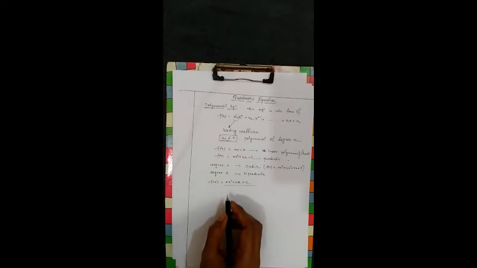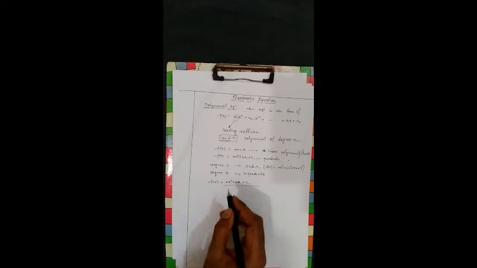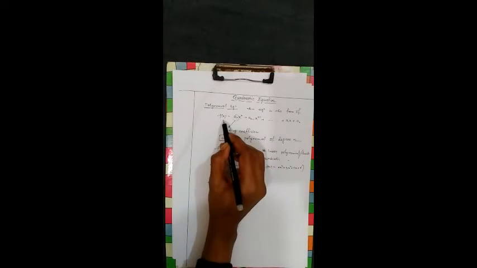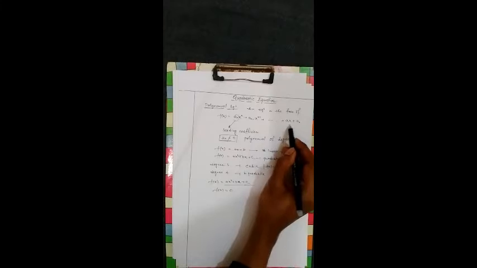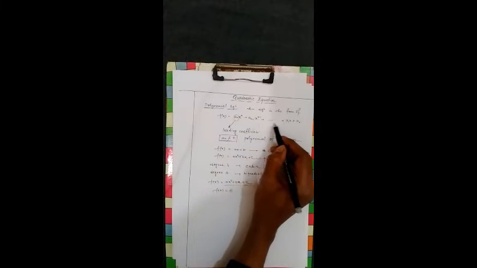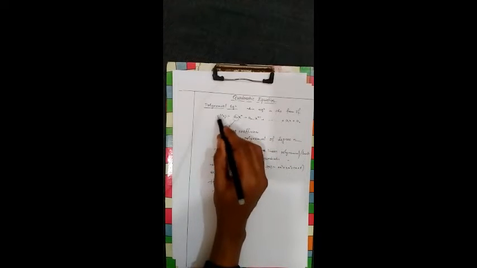This is actually a quadratic polynomial or function, but this is not a quadratic equation. Any polynomial function is called a polynomial equation when that function f(x) is equal to 0.